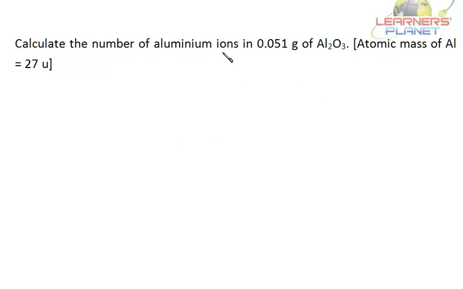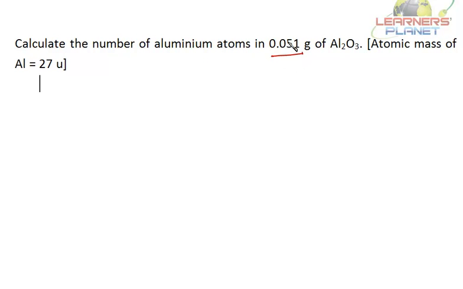Calculate the number of aluminium ions in, or it should be atoms. So it is 0.051 grams of Al2O3. That is, calculate the number of aluminium atoms in 0.051 gram of Al2O3. Atomic mass of aluminium is 27 units. Now first of all, let's find out that 0.051 grams makes how many moles of Al2O3. Right?